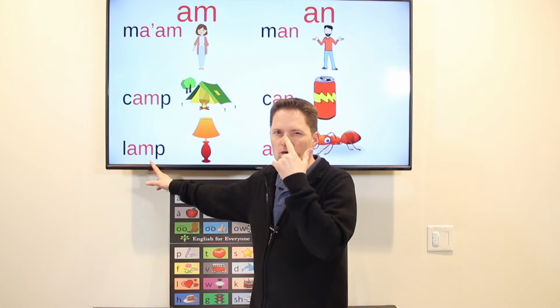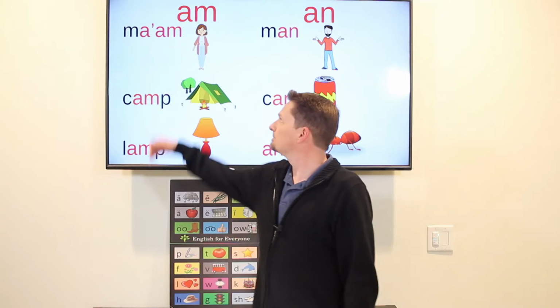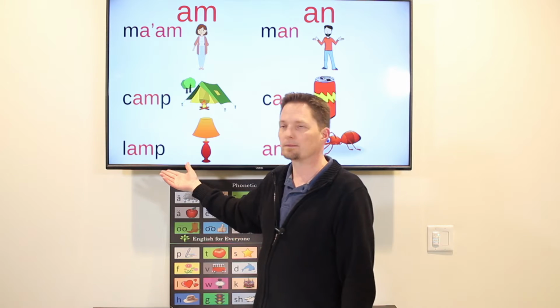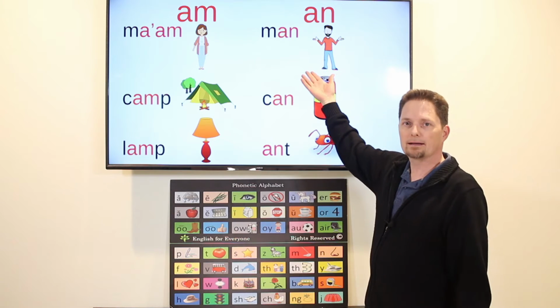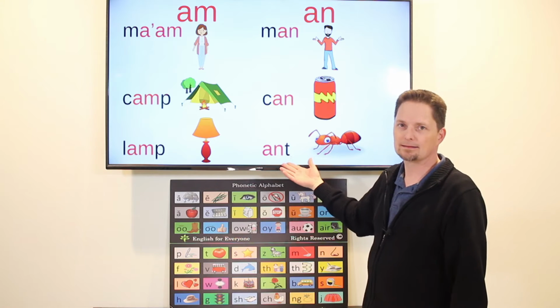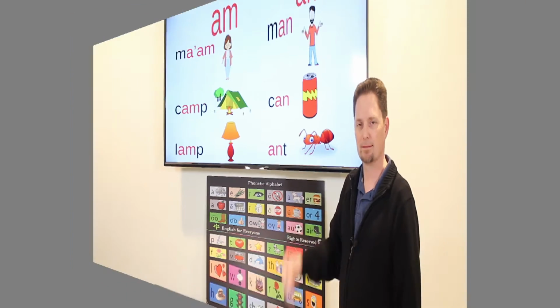Lamp, and it's in your nose, it's nasal. Lamp. Let's practice. Excuse me, ma'am. Camp. Lamp. Man. Can. Ant. The sound again, camp.